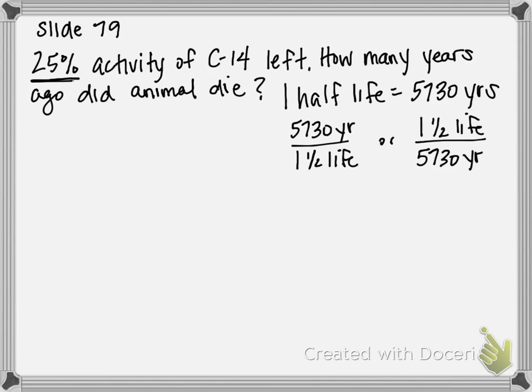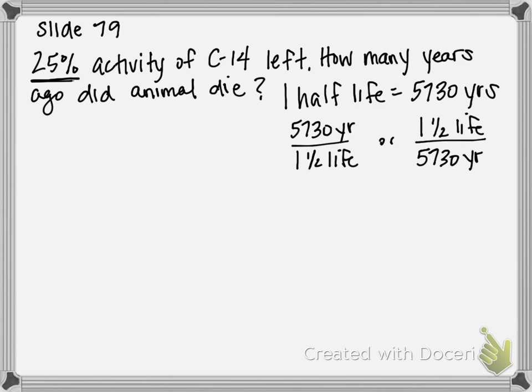So first things first, we need to figure out how many half-lives have passed since our initial amount to give us only 25% of our carbon remaining. So instead of mass amounts, this time we're just looking at percentage.